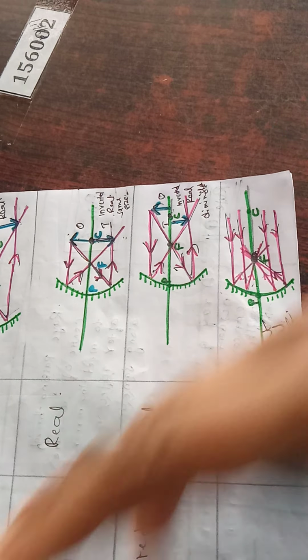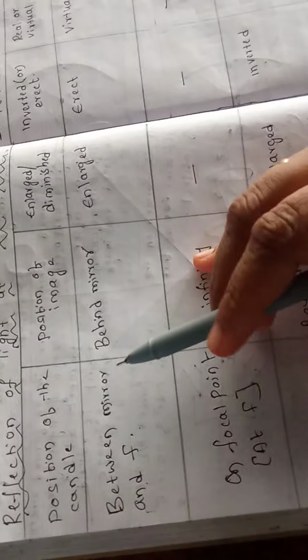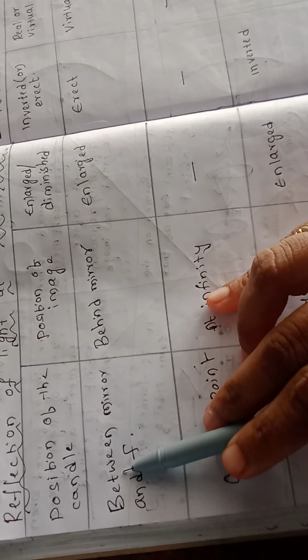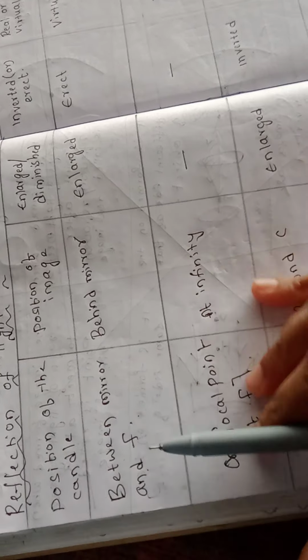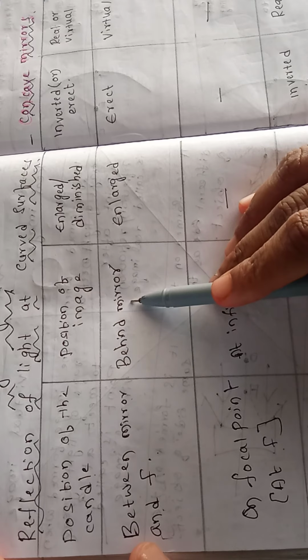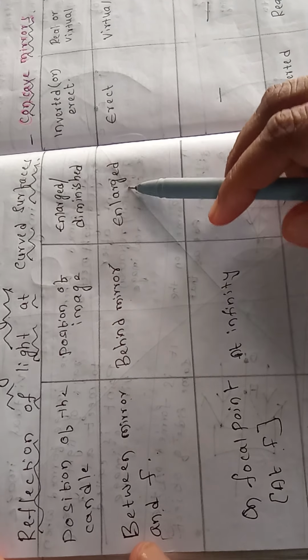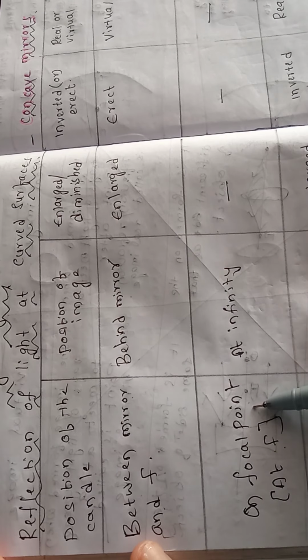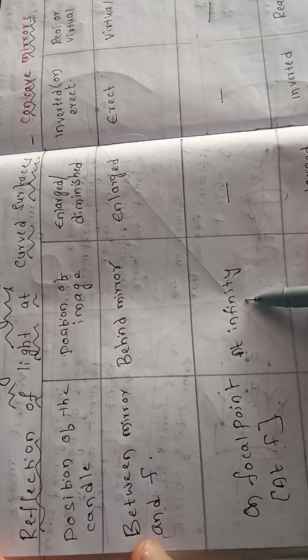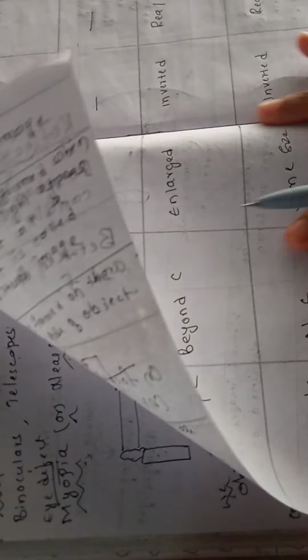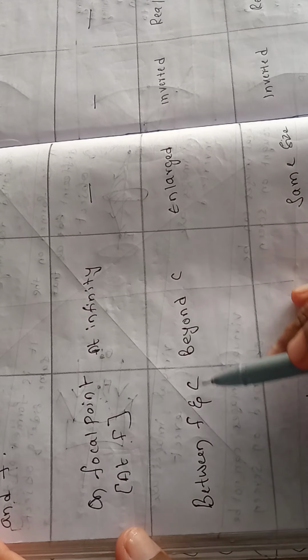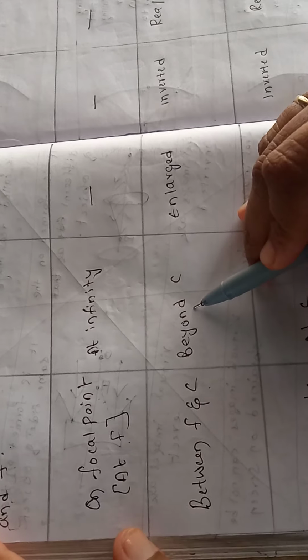Okay, now at a glance let us see. If the object is placed between mirror pole and principal focus, the image is formed behind the mirror and such image will be enlarged, erect and virtual. When the object is placed on focal point, image is formed at infinity, right? When the object is placed between principal focus and center of curvature, image is formed beyond C, it is enlarged, inverted and real.